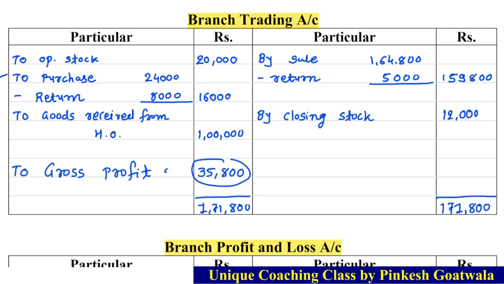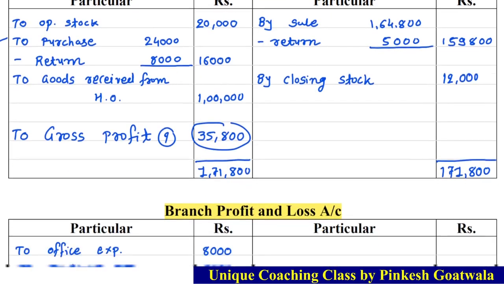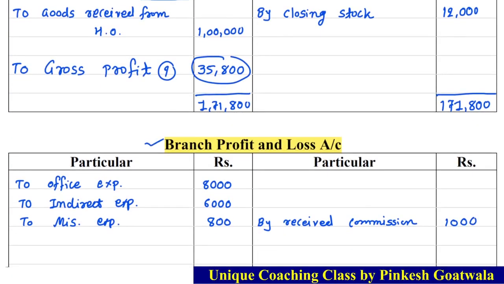Okay, તો આ શું કહેવાશે? Gross profit કહેવાશે, and this profit would be transferred to which account? P&L account.